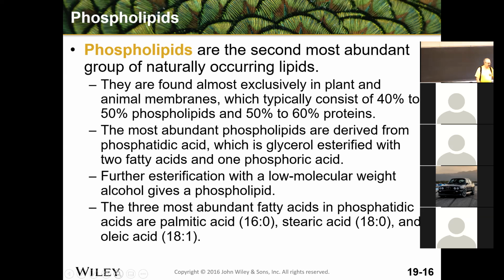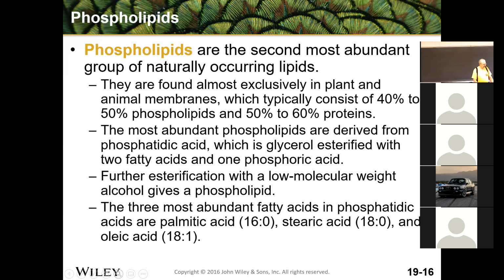Phospholipids are the second most abundant group of naturally occurring lipids. They're found almost exclusively in plant and animal membranes, which typically consist of 40 to 50% phospholipids and 50 to 60% proteins.